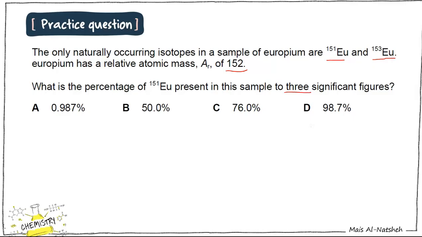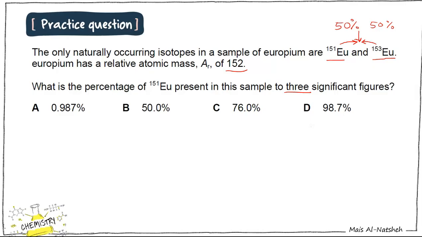Okay. Because the relative atomic mass is exactly in the middle between 151 and 153, we are talking about equal ratios of both isotopes. So absolutely there would be 50% europium-151 and 50% europium-153.